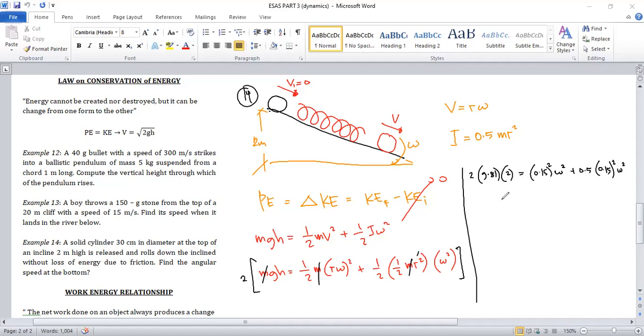Omega then can be calculated as 34.1. So you have there 34.1 for the answer.